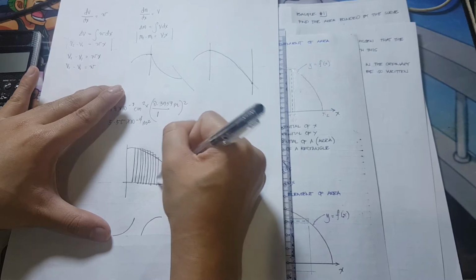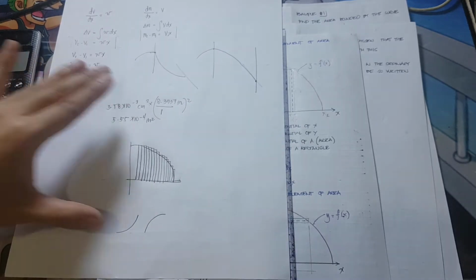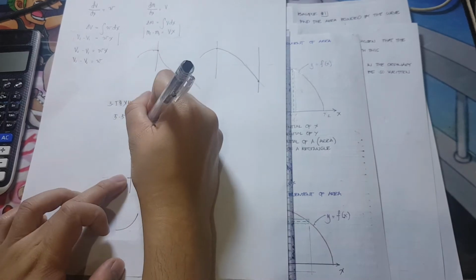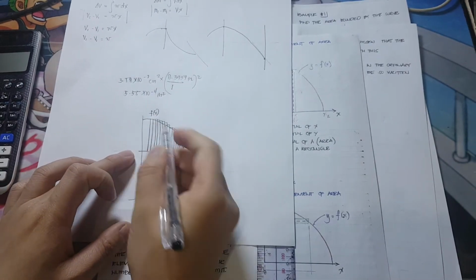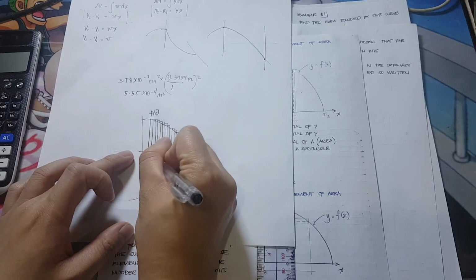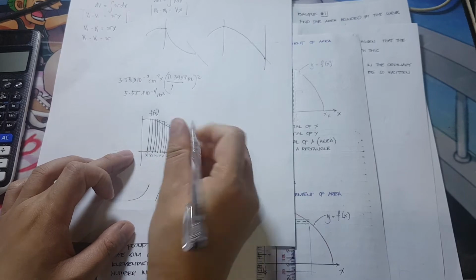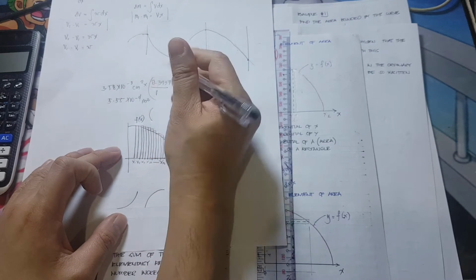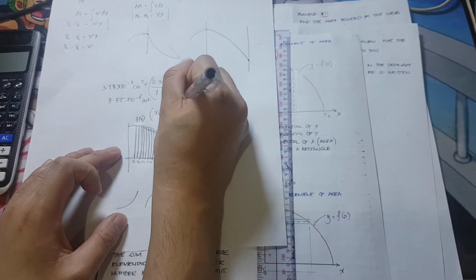That will cover the entire area of the curve that I am trying to get. So the height here would be f of x and the coordinates here would be x1, x2, x3, x4 until xn. The coordinate at the top would be x1, f of x1.